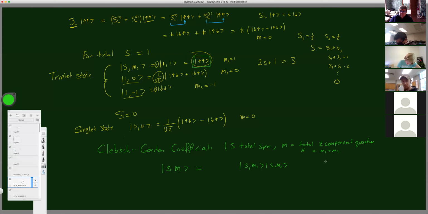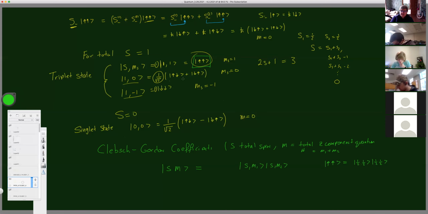So this is shorthand for S1 equal 1/2, M1 equal 1/2, S2 equal 1/2, M2 equal 1/2. That's what that's short for, right?